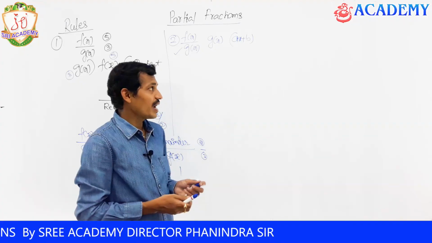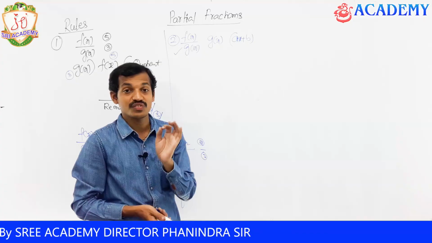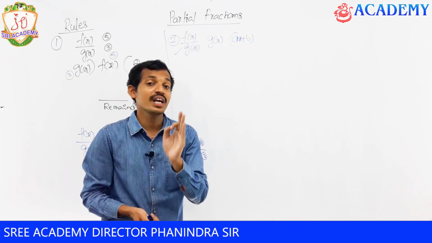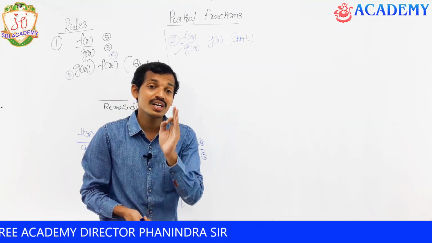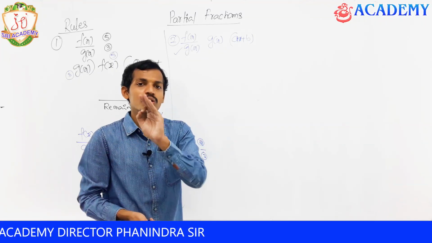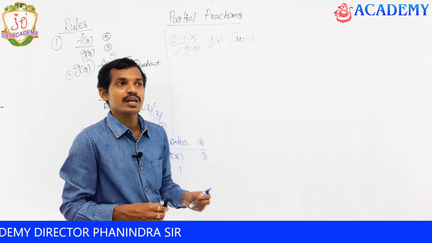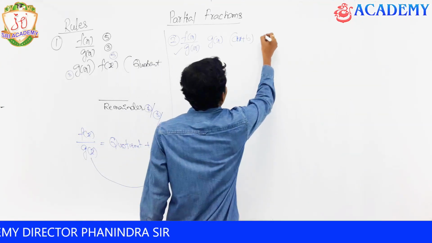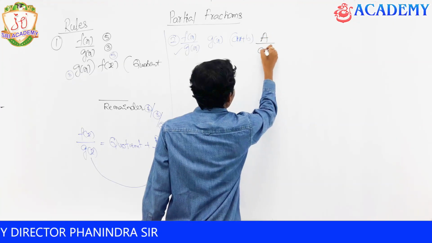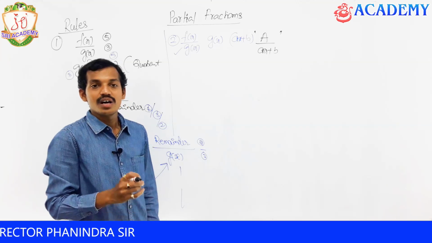But if I am saying here that ax plus b is one of the factors of g of x, among any number of factors, if one of the factors, a linear factor, exists, then its corresponding partial fraction is capital A divided by ax plus b. This is the corresponding fraction for ax plus b.